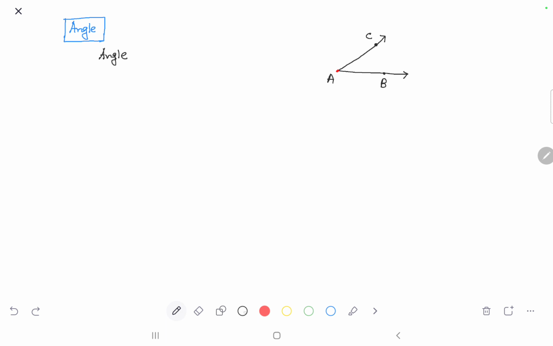To construct an angle, we need two rays that intersect at a point A, or you can say the angle consists of two rays which share a common point.